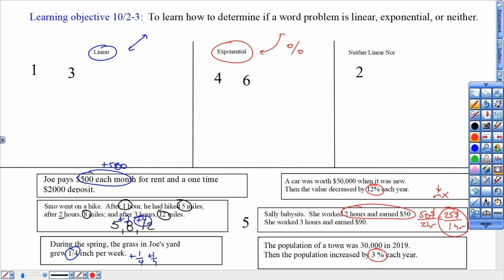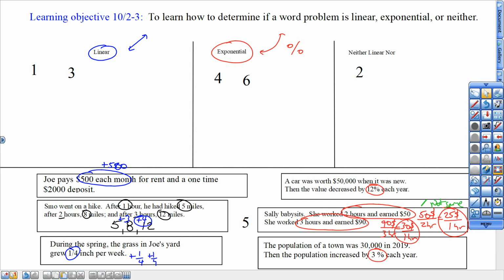If I look at the other one, if I look at 3 and 90 and divide those, $90 in that 3-hour stretch gives me $30 per every 1 hour. Because these two are not the same, this one is not going to be linear.